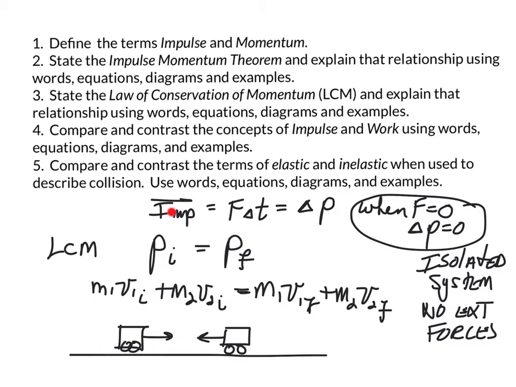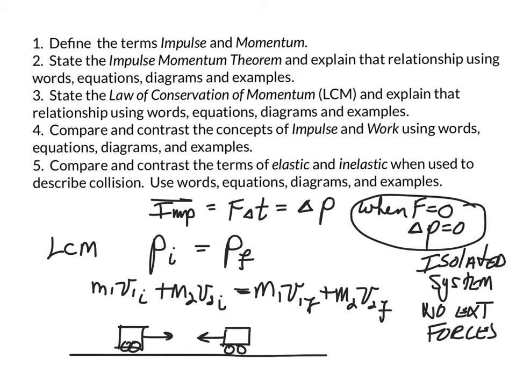And so in the case where the force acting on a system of objects is zero, there'll be no momentum change to that system. And so what is that? That's our isolated system. Isolated means it's isolated from external forces. And so that's an important idea to get.